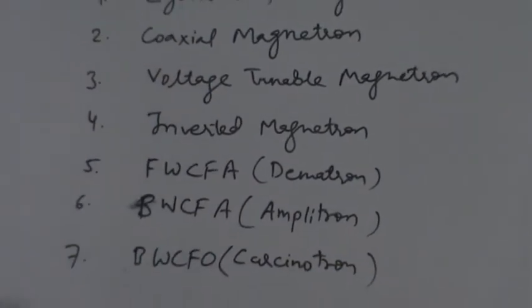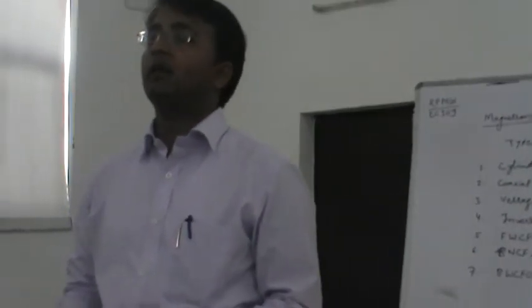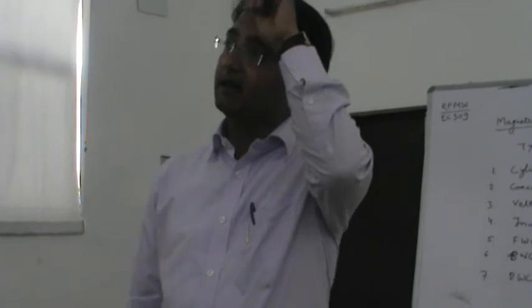So these are the various types of cross field devices, or we can say M type tubes or magnetron types, generally in application.